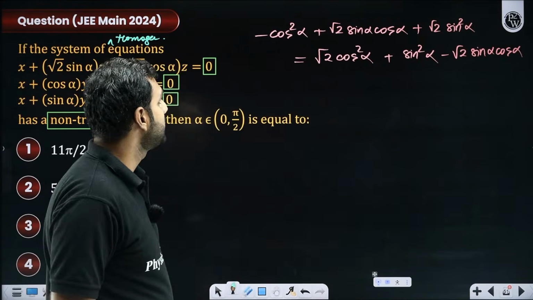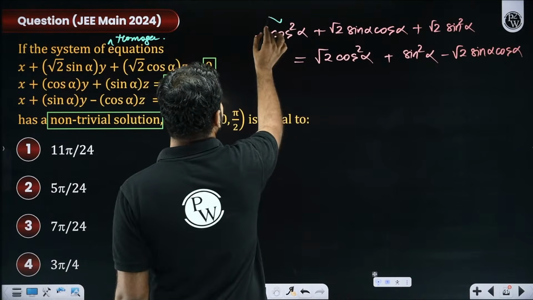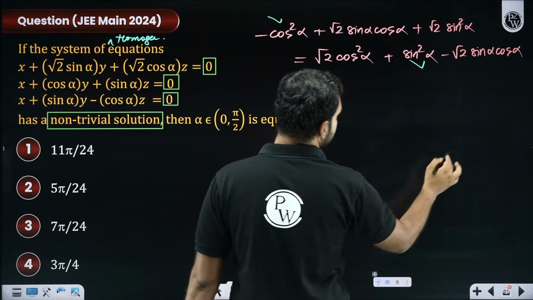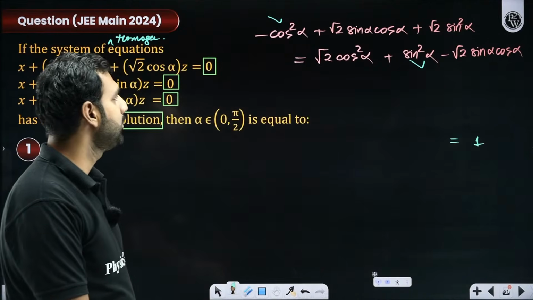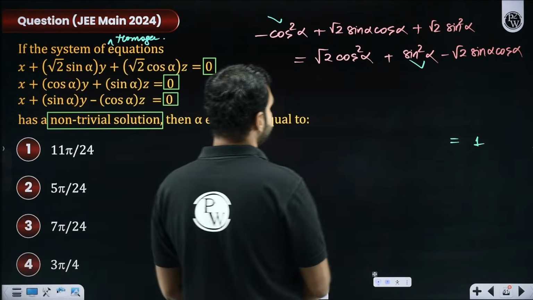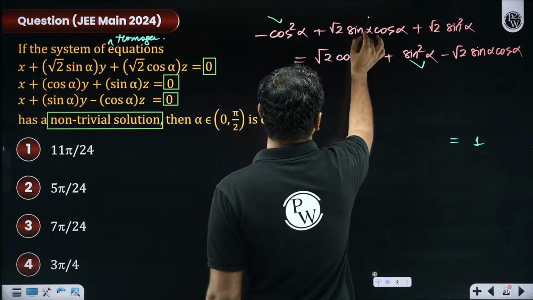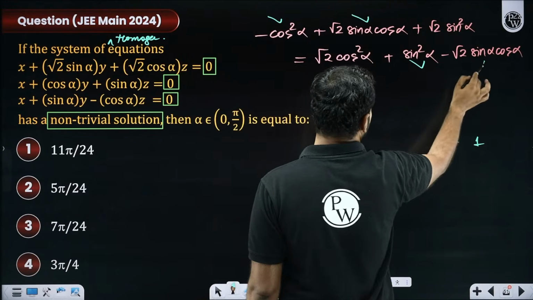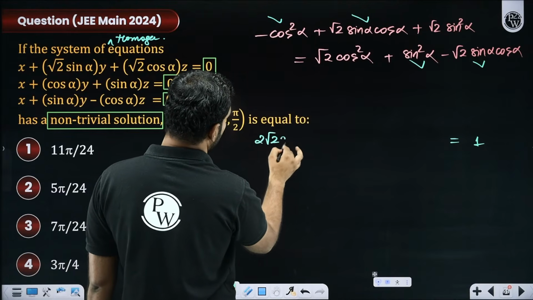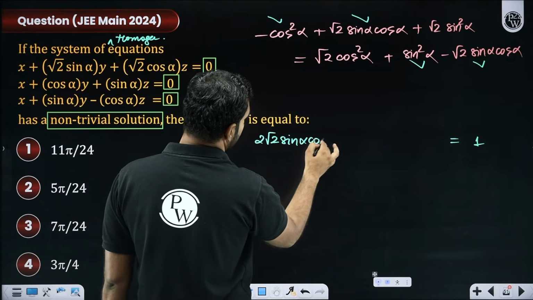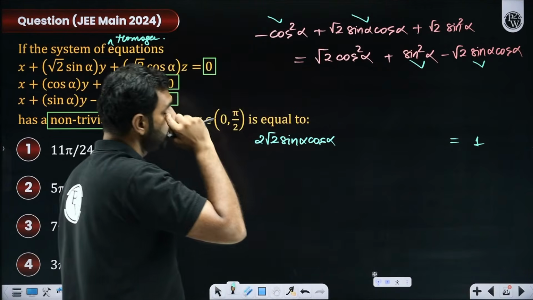Now, if I start simplifying, cos square alpha, if I bring here and club it with this sin square alpha, will I not get a 1 on the right hand side? Are you comfortable with this? Then root 2 sin alpha cos alpha will be 2 root 2 sin alpha cos alpha. Everybody with me on this?